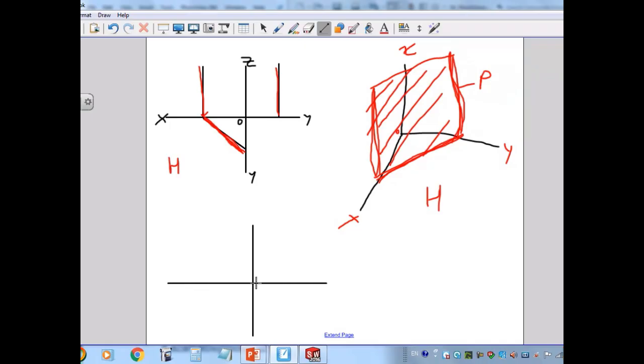So that will be like this slope, but the other side is like this, parallel to OY, and this side also parallel to OY.